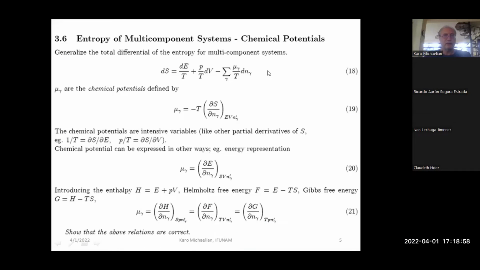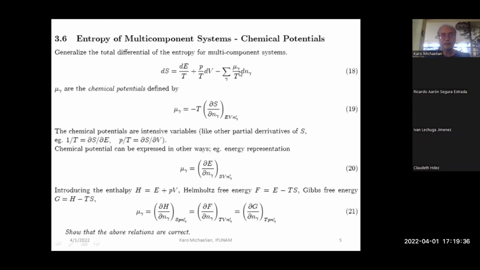Okay. So now if we want to consider a system with more than one chemical element, in this case we have a multi-component system, then we have to include the sum over the different chemical potentials of the different molecules in the system over the temperature times dN, where N is the number of moles of substance gamma over the total number of moles in the system.